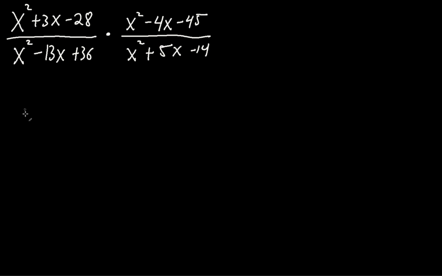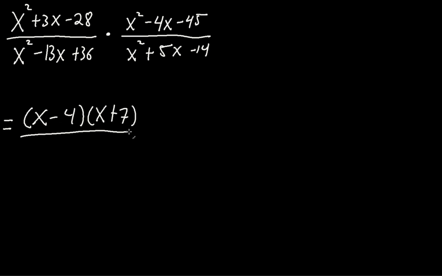So for this, I'm going to have to think of what I could multiply. What are the factors of negative 28, which would add to 3? And I found that negative 4 and 7 worked for me. X minus 4, x plus 7. Negative 4 times 7 multiplies to negative 28, and those add to 3. So that would be the correct factors.